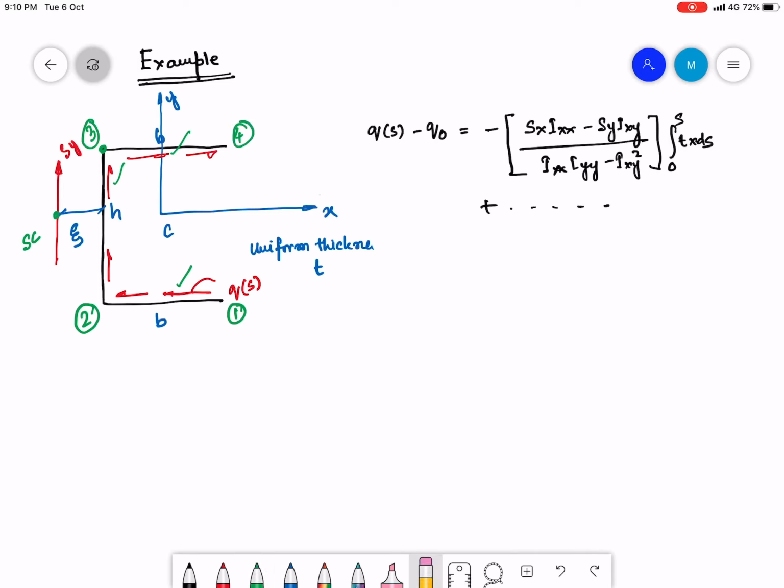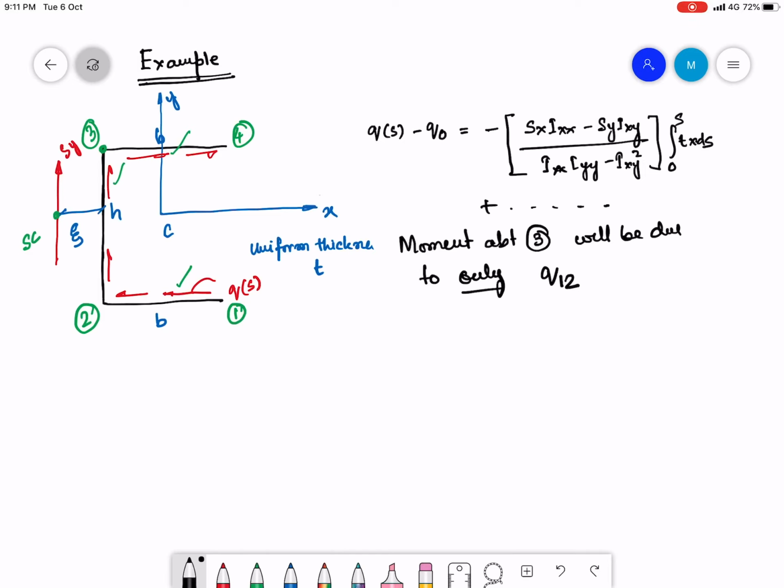Okay, now let us see. If I choose point 3, then the moment about 3 will be due to only Q12.